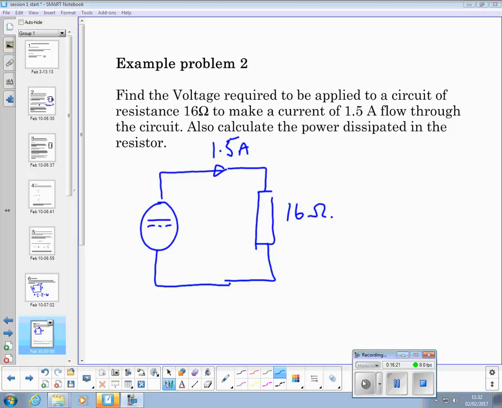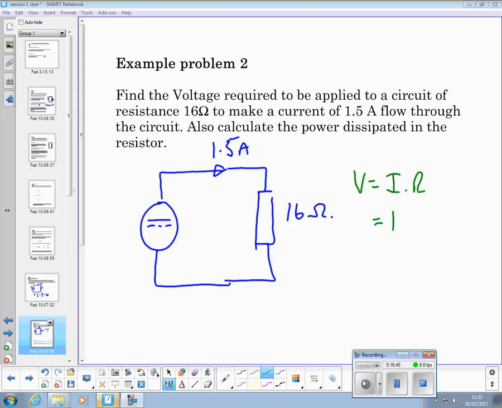Where are we going to start with this problem then? Yeah, tell me then, Lewis. V equals IR. You okay with me using the dot notation for multiplication? Yeah, I hope so.